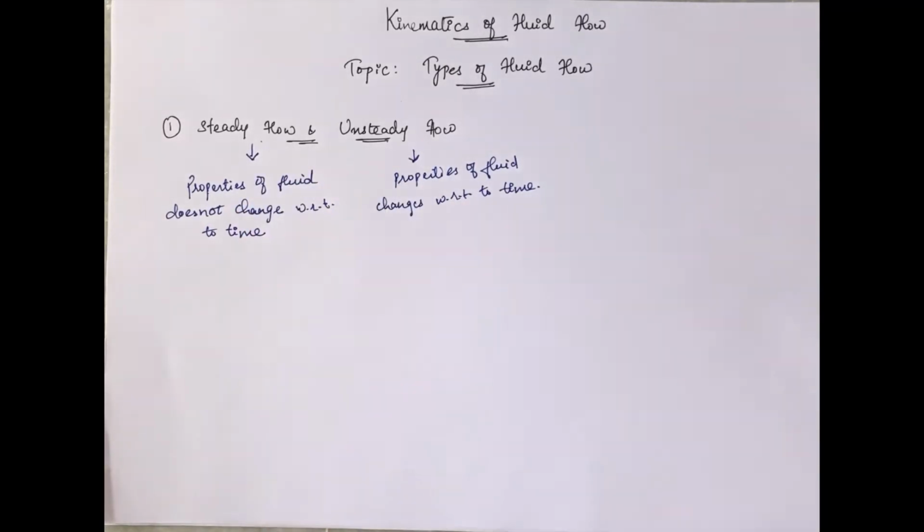For example, if water is flowing with a velocity of 2 meter per second in a canal at 10 o'clock, and we observe the velocity at 12 o'clock and it is again 2 meter per second, it means that the velocity has not changed with respect to time. It is not dependent on time in case of steady flow.